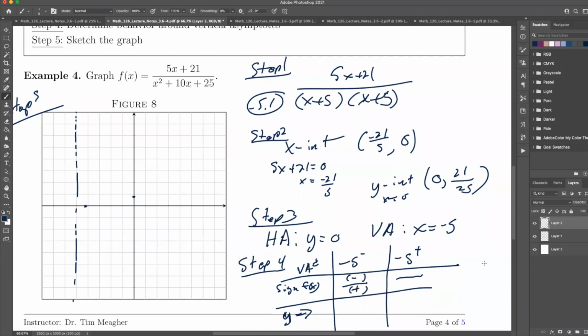In fact, it doesn't really matter. So let's do the next one. A number that's slightly greater than -5 would be -4.9, because -4.9 would be slightly to the right. This is really close, and this still ends up being negative up top.